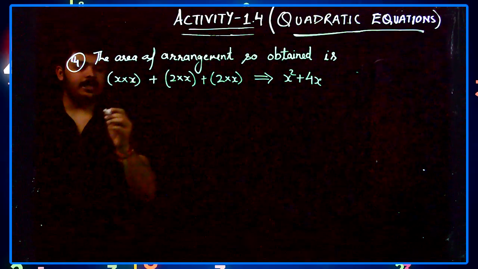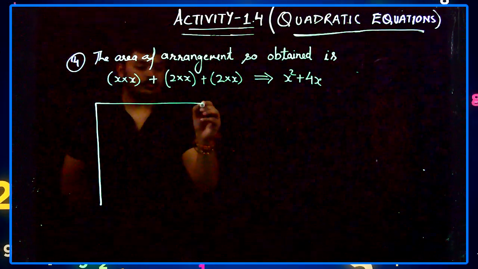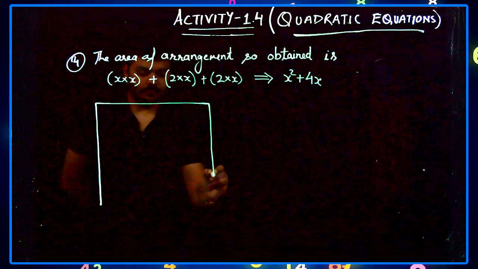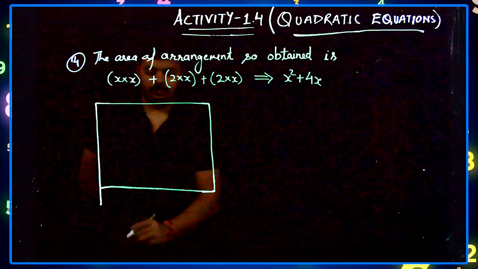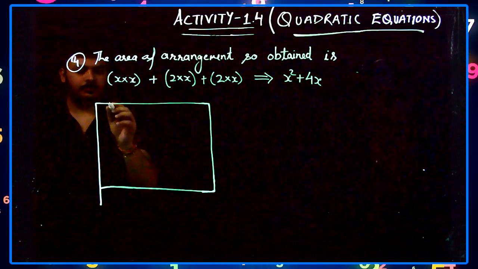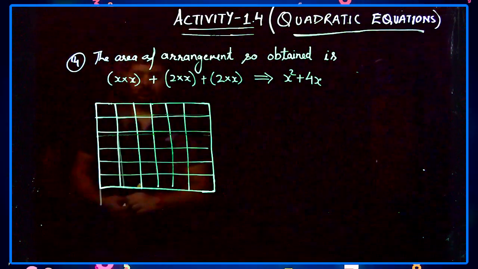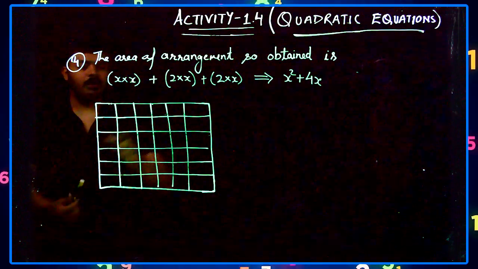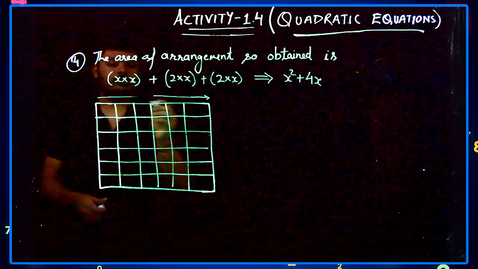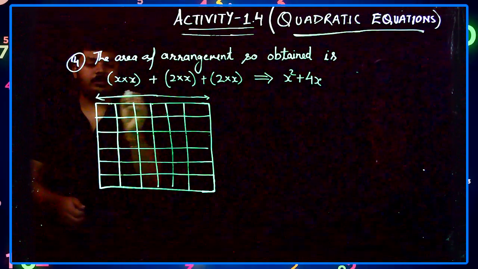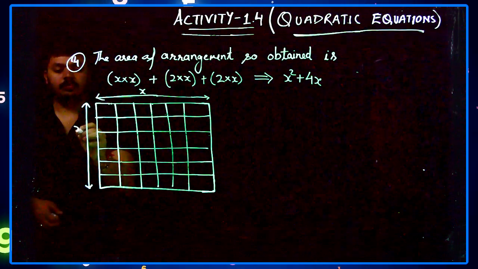So now let's add the 2 strips to our square grid. So this is our square grid of dimension 6 by 6. That is x, and this is also x, as x is equal to 6.